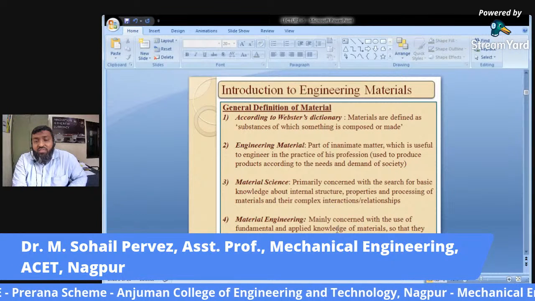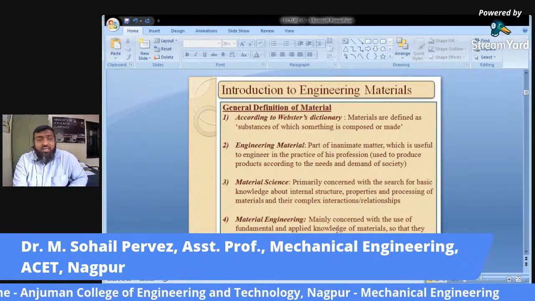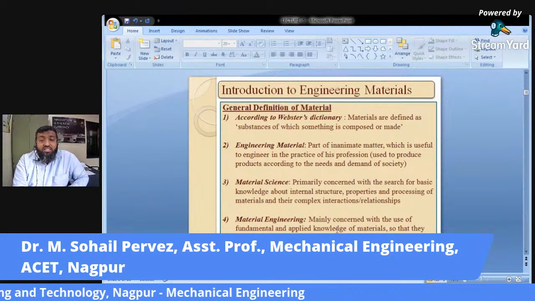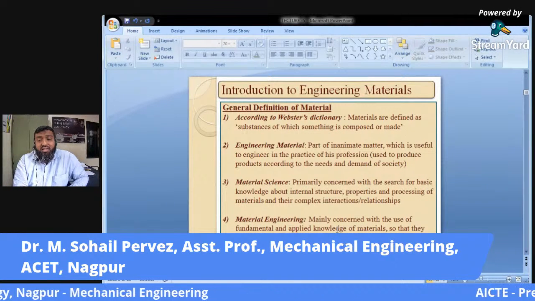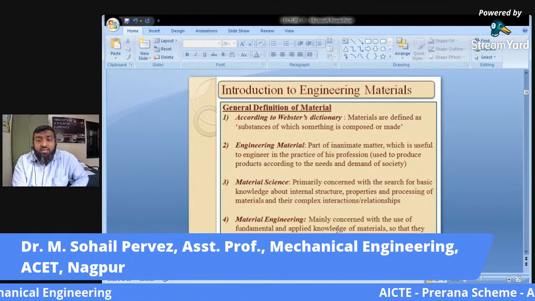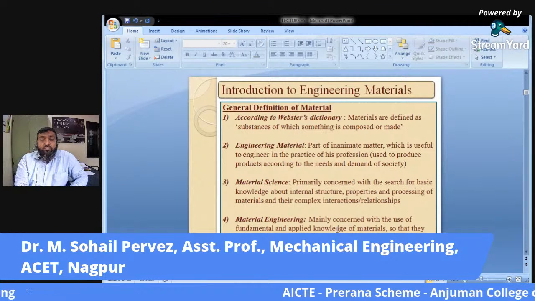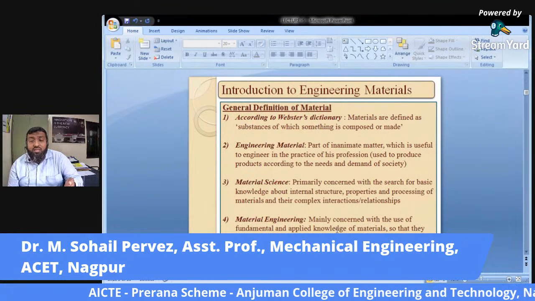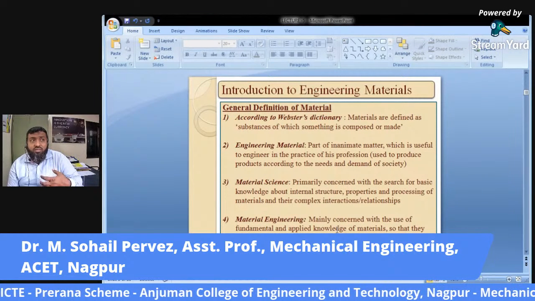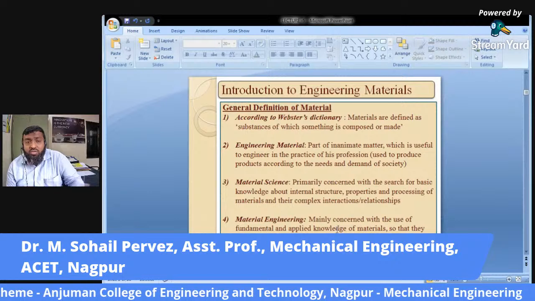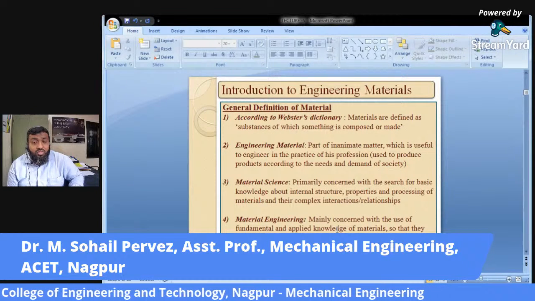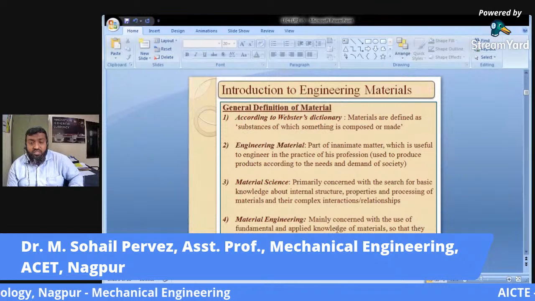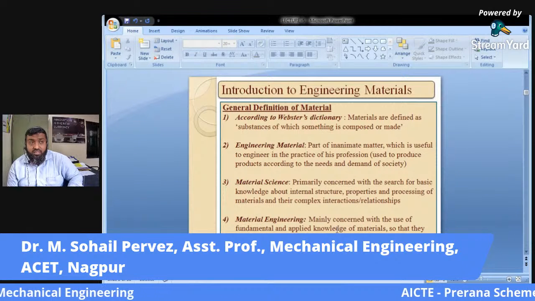Now let us consider wood. What is material engineering entrusted upon, or using? We know that wood floats on water. This is the basic knowledge of this material.